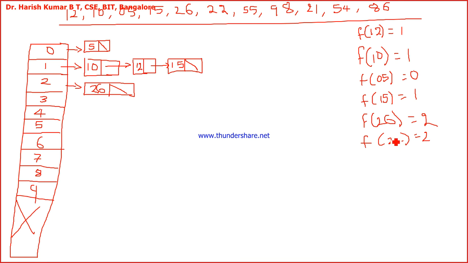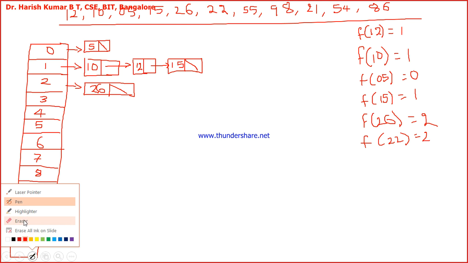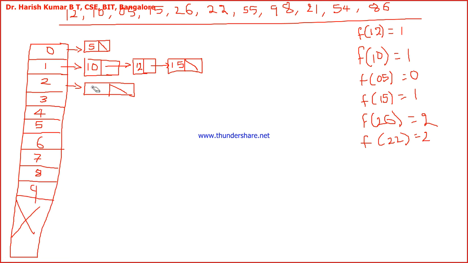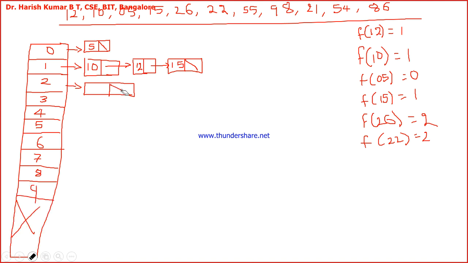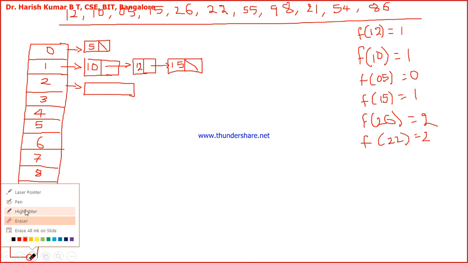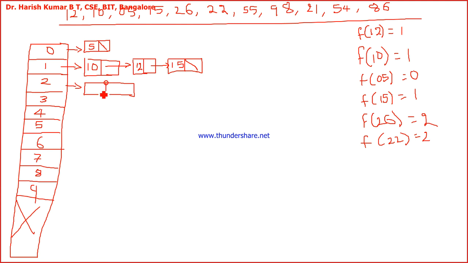This is the new element which I need to insert into the linked list with the key value 2. Now 22 is lesser than 26. I do this comparison and then erase this. So 22 goes here, gets inserted. Insert front will happen: 22 and then the node 26, and this is null.